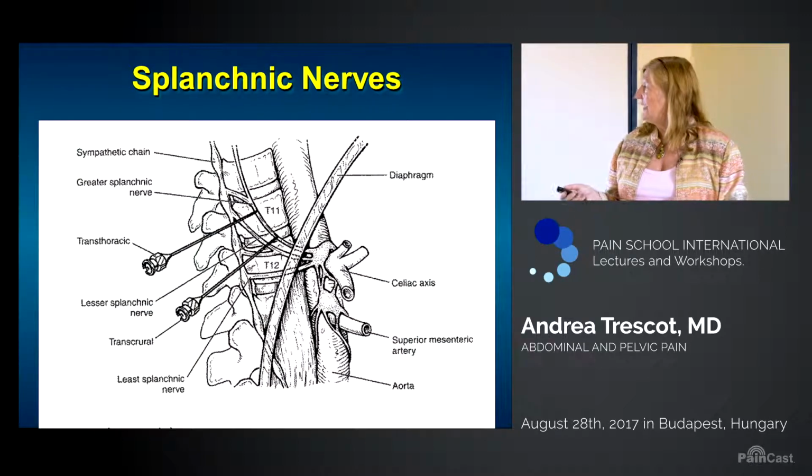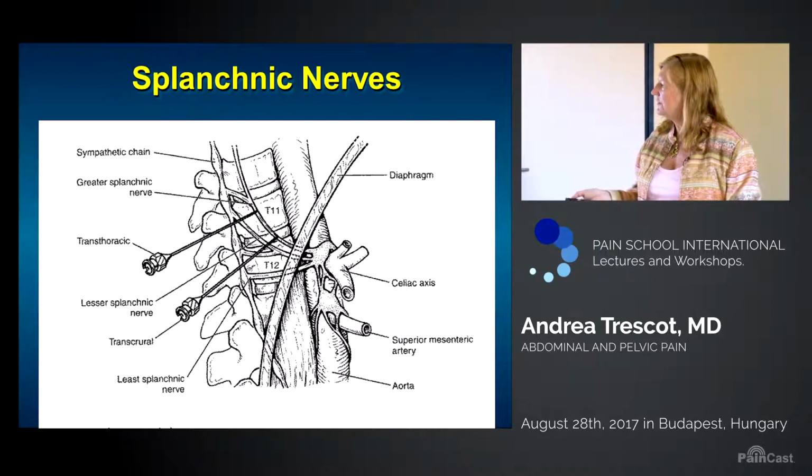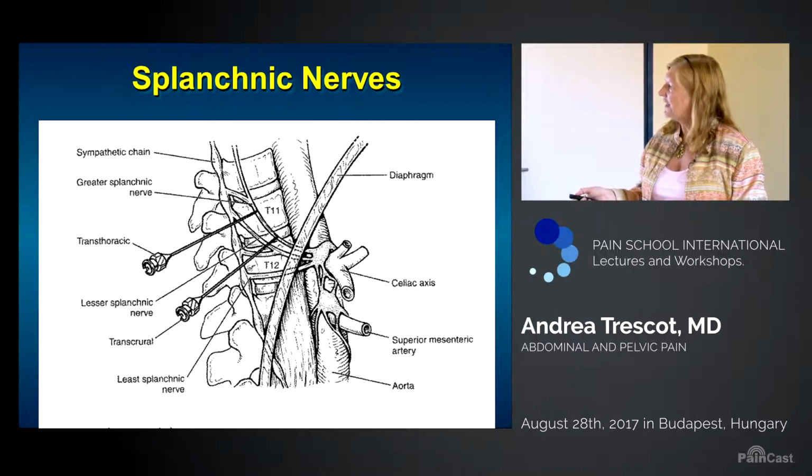So when we start looking at the splanchnic nerves, you've actually got several of them. You've got the greater, the lesser, and the least coming through the crura to come into the celiac axis. And so you can do several approaches.